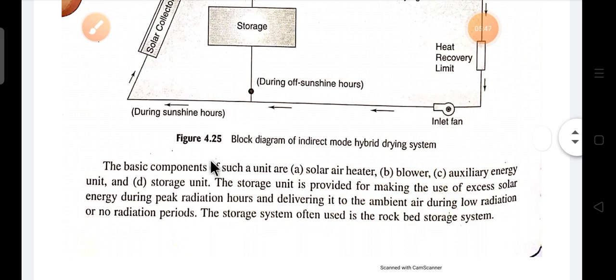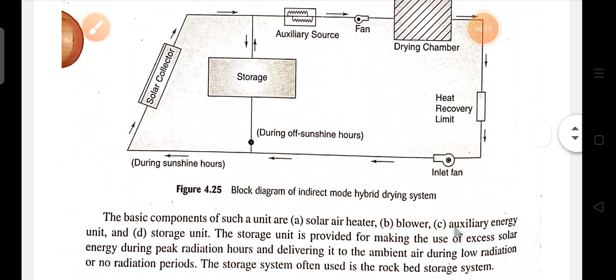The basic components of such a unit are the solar air heater, blower, auxiliary energy unit, and storage unit. The storage unit is provided for making use of excess solar energy during peak radiation hours and delivering it to the ambient air during low or no radiation periods. The storage system often used is a rock bed storage system.